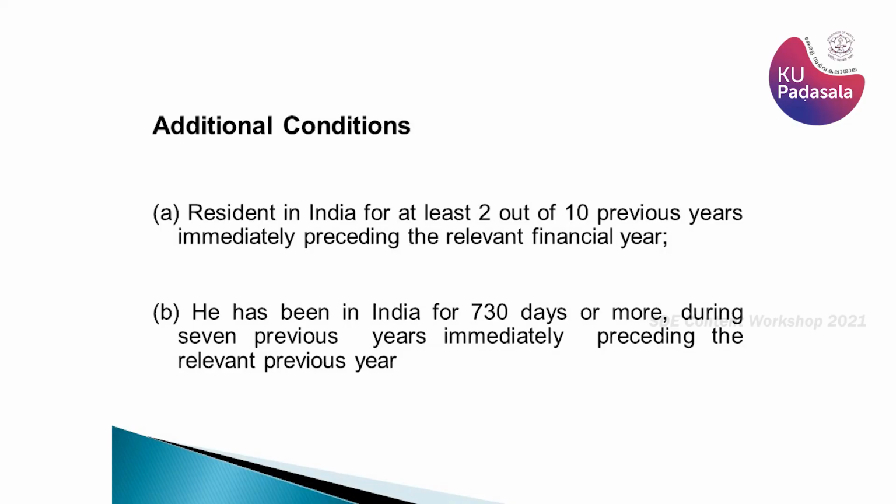For that, we move on to additional conditions. These are the two additional conditions. So, now we find that he is resident. First, he is resident in India for at least 2 out of 10 previous years immediately preceding the relevant previous year. So, out of 10 years, for 2 years he should be resident in India.